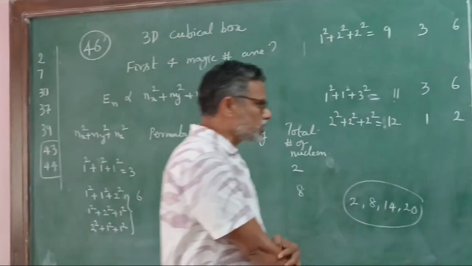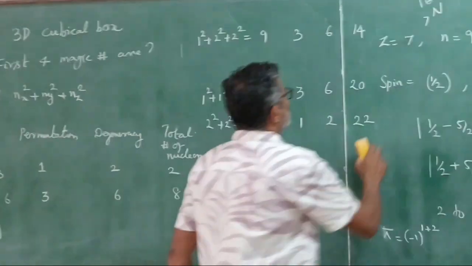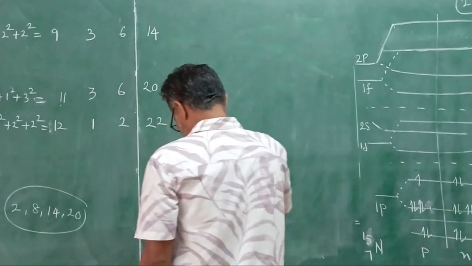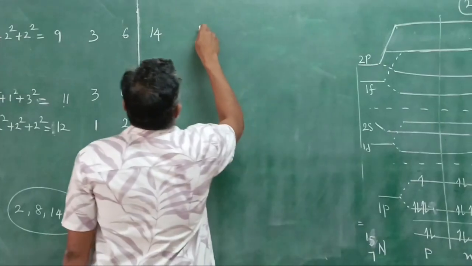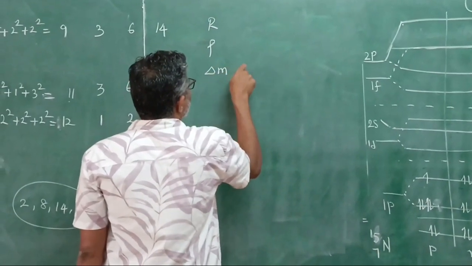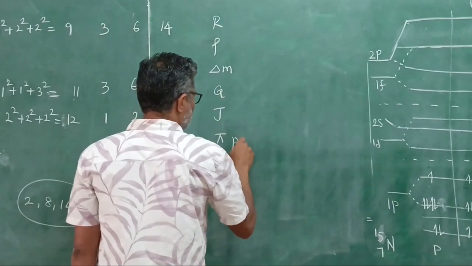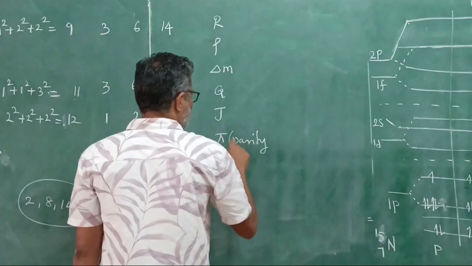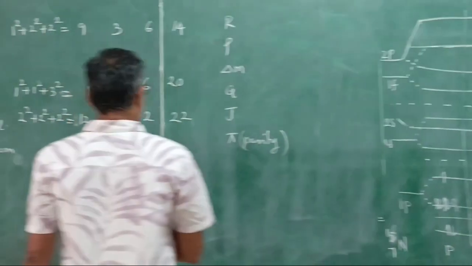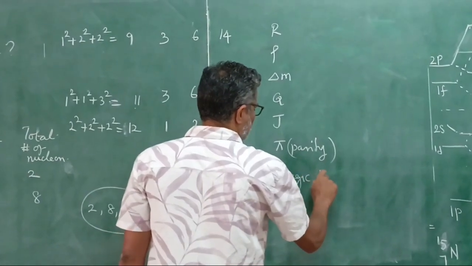To summarize what we have discussed so far: we discussed radius, density, delta M, and then Q value, J value, parity. These are the properties of a nucleus system. And then we discussed the magic number.